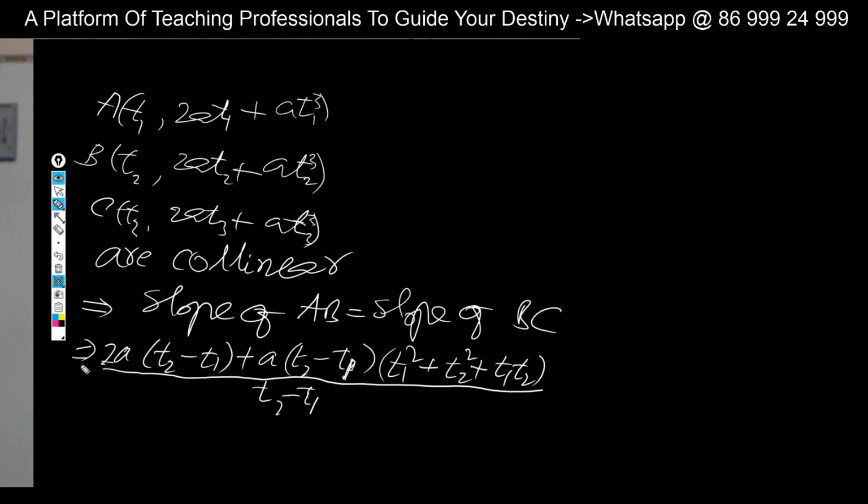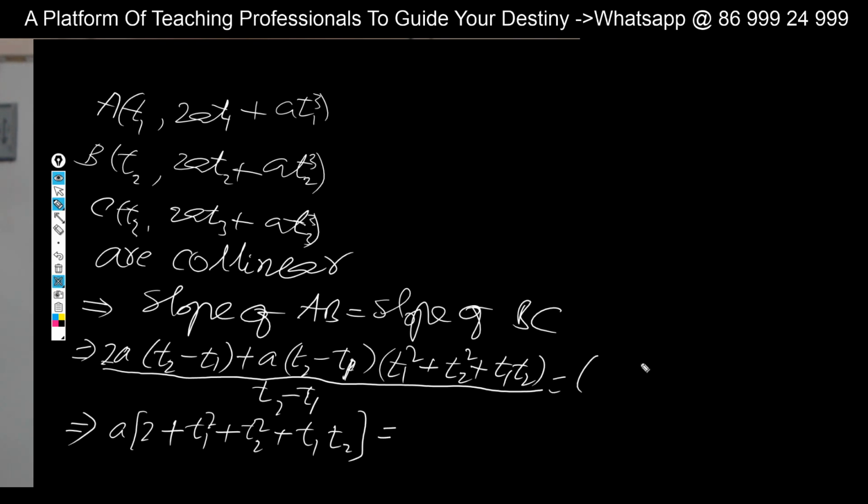Now you can take t2 minus t1 common, that gets cancelled. You can take a common also here. So what do you get finally? A into 2 plus a into 2 plus t1 square plus t2 square plus t1 t2, because these are the symmetric points here.